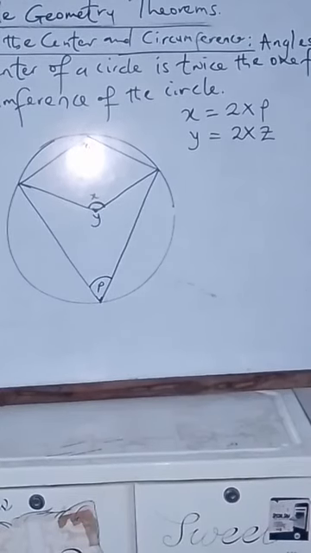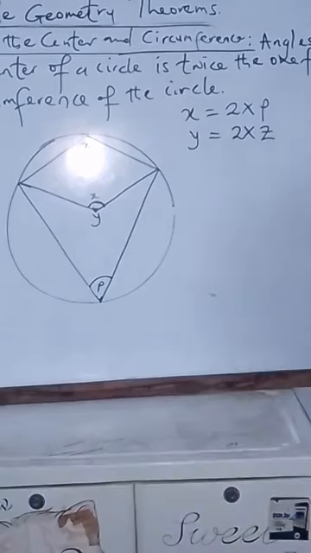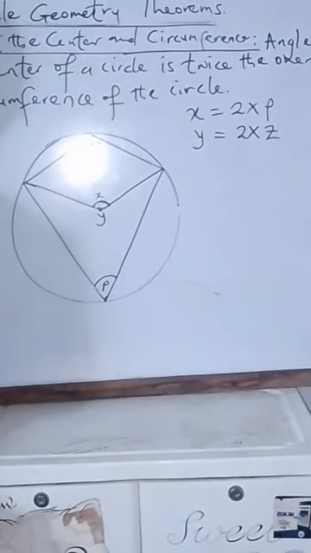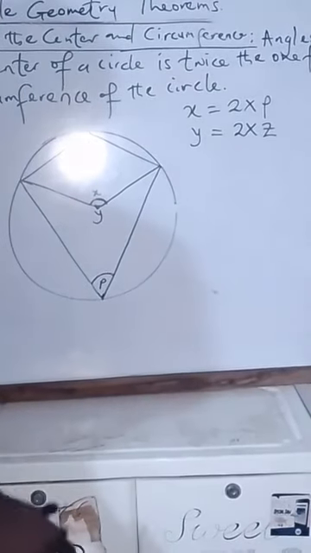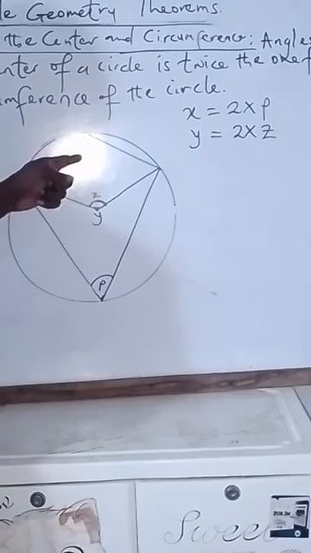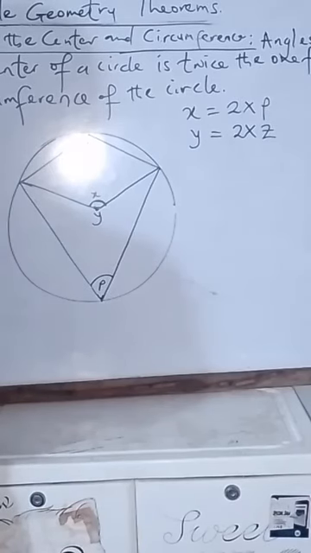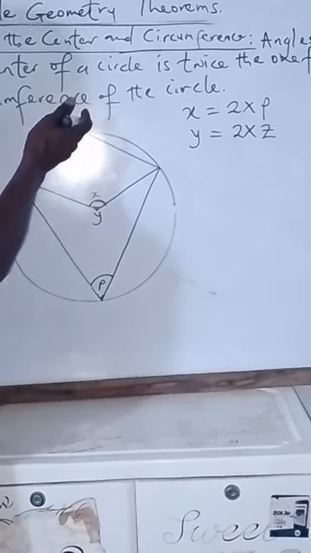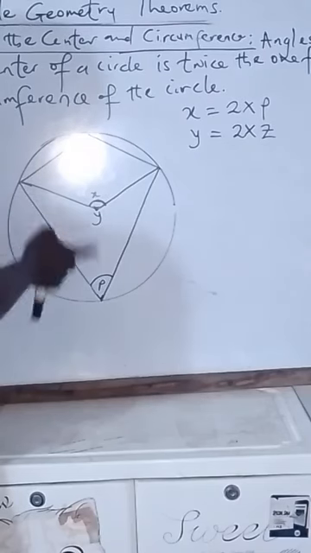Can we try? The light ray, hope we can see now. 70 degrees at the circumference. What will be the value of x, y, and p?